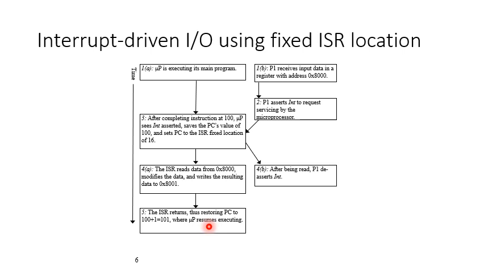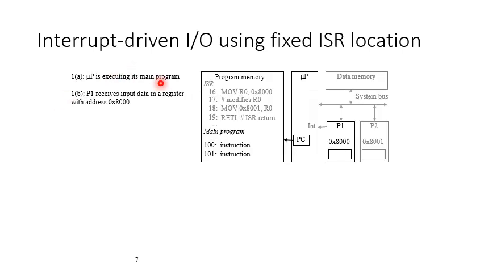Now we are going to look at this example of interrupt based IO using a fixed ISR with the help of a timing diagram. Let's see this in the next slide. Here in the initial stage you can see that we have a program memory, a microprocessor, a data memory, port 1 and port 2, with a register in port 1 and a register in port 2.